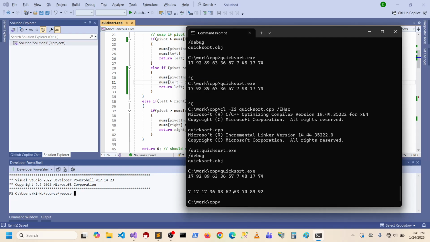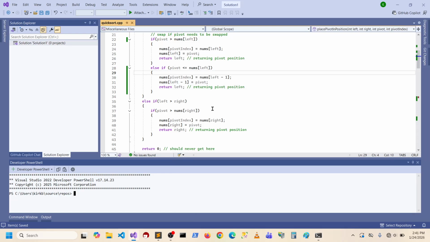So this one sorts correctly, but now we got the other ones that didn't sort when that was in there.